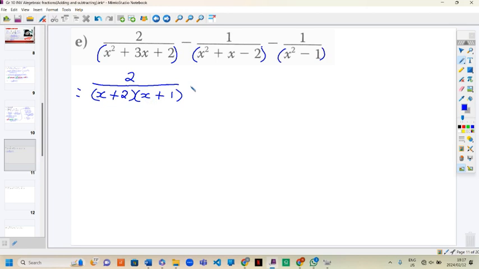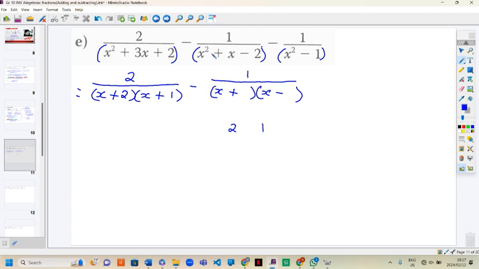Alright, minus 1 over. Factorize that trinomial, open up my brackets. That negative tells me what? That I'm going to have a plus and a minus. Fantastic. So I'm going to have an x there and an x there. Now I need to get the factors of 2, which is just 2 and 1, that are going to give me positive 1.